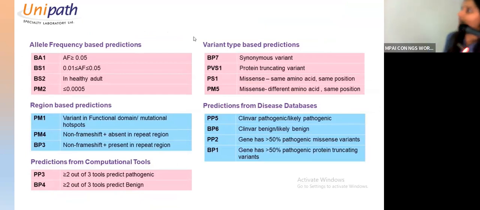So this has been given. This is from a database if it is prevalent, and this is the computational term. If most of the terms are satisfied, then you get this criteria, right?